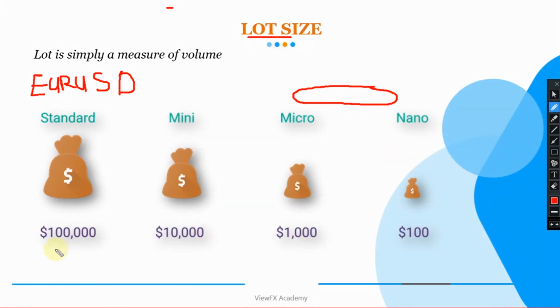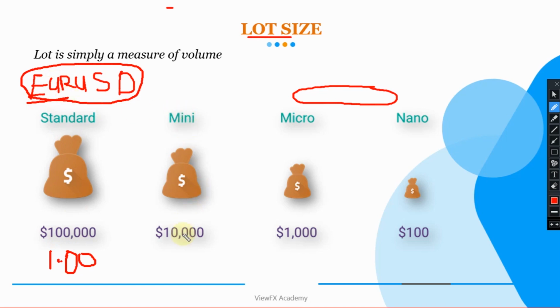So from that, we saw that standard lot is 1.00. So whenever I want to place a trade and I choose a volume of 1.00, it means I'm buying 100,000 worth of whatever currency pair I'm trading. If it's Euro USD, that means I'm buying 100,000 units of the base currency, which is Euro.